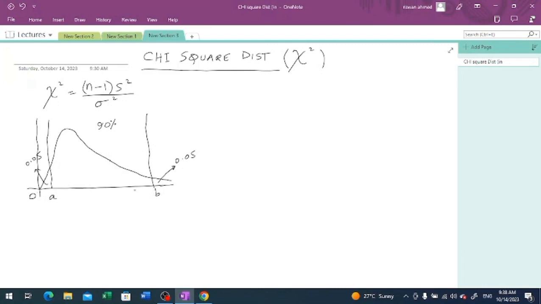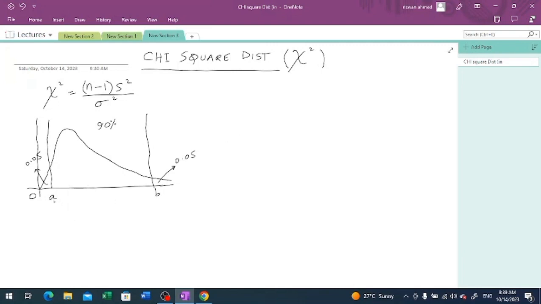Now this curve is not symmetric, as we saw with the t tables and z distributions earlier. There we determined the lower bound with a negative value and the upper bound with the same positive value. This is not the case here.